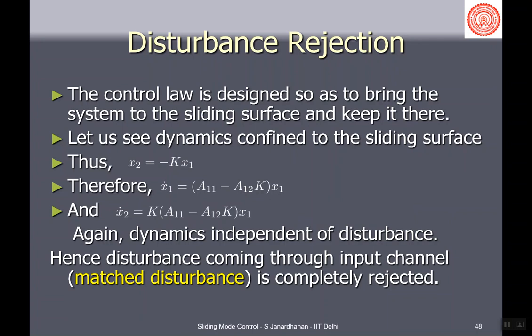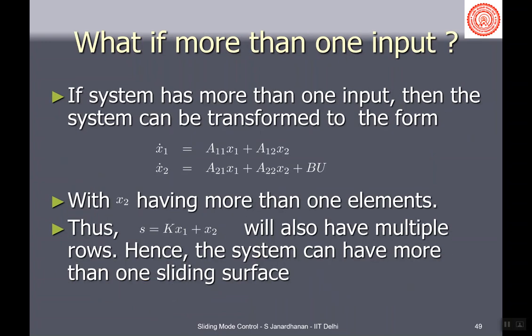As long as the disturbance is going through the input channel, which we call matched disturbance in all sliding mode literature, it is completely rejected. And what if there are more than one input?